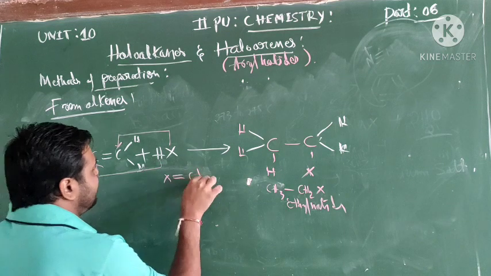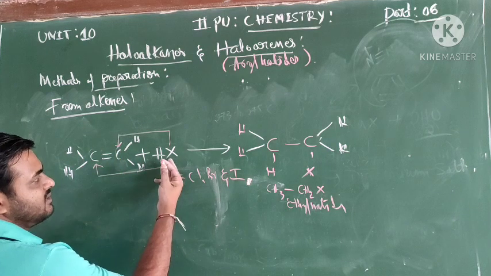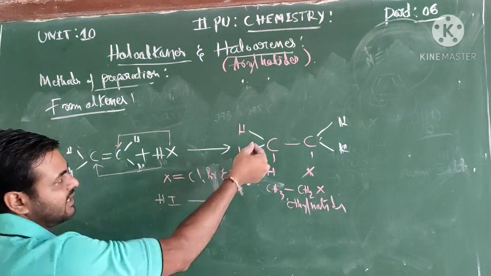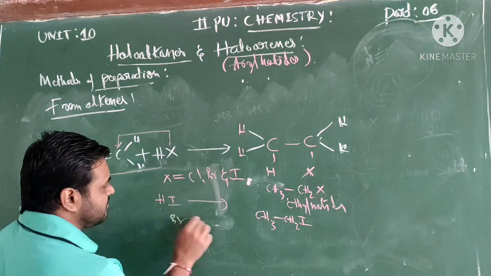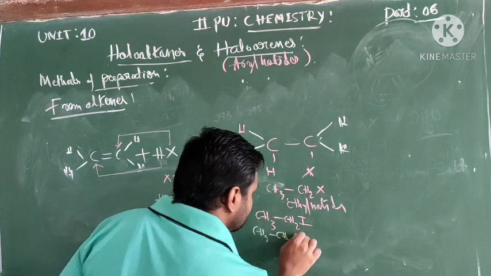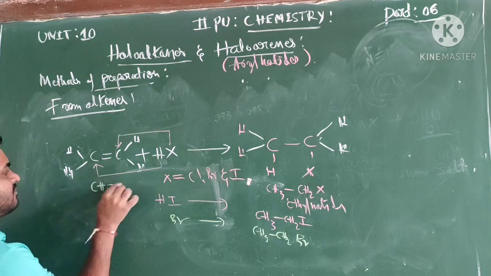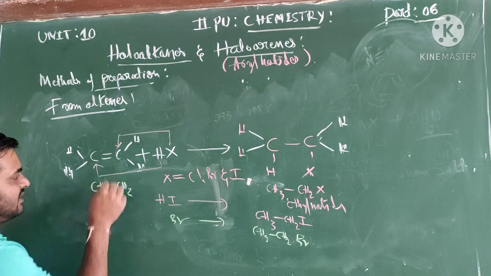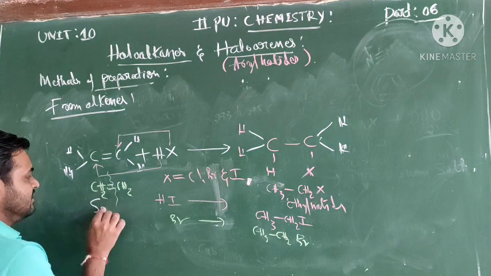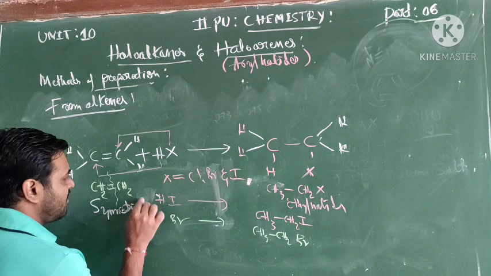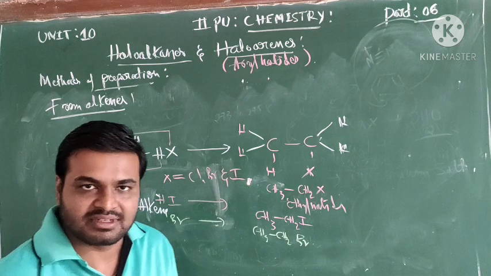X is, for example, Cl or Br and iodine. So whatever you take as an example, H is replaced by I. You will get CH3CH2I. You take Br, it comes from CH3CH2Br. Okay. What about this one, which looks like Cl, CH2, CH2? This has to be broken down. Totally we get a symmetric structure. Okay. This is called a symmetric alkene. The symmetric alkene will give this type of reaction products.